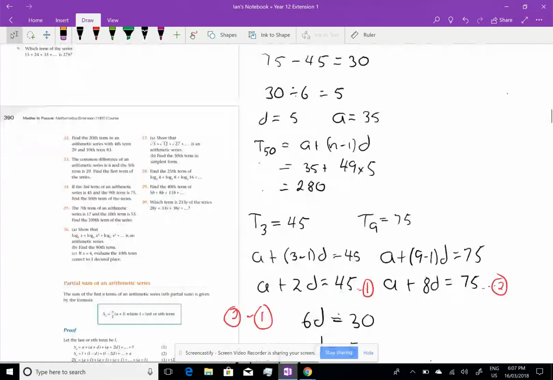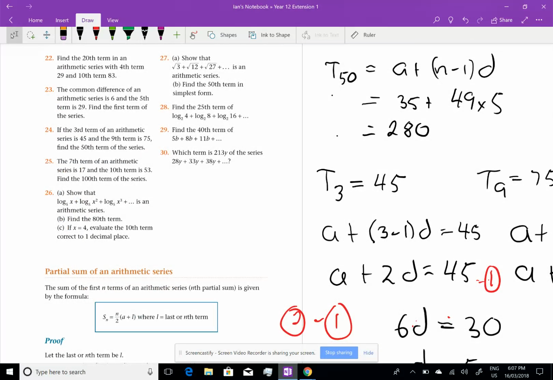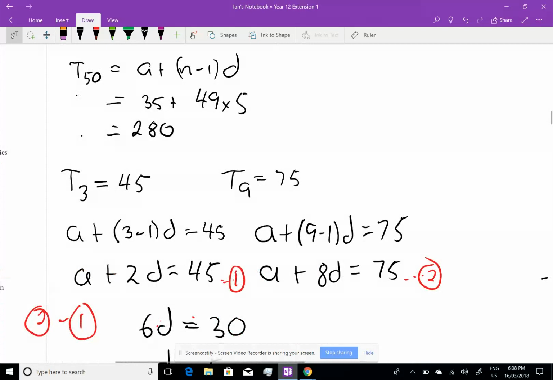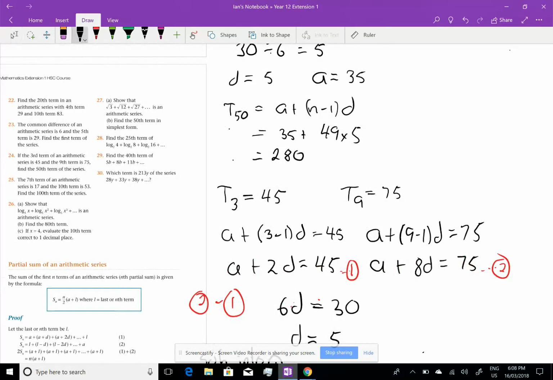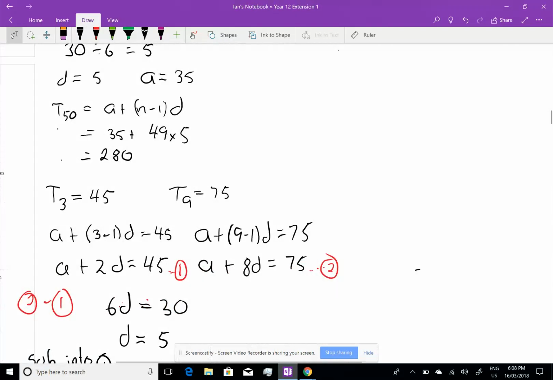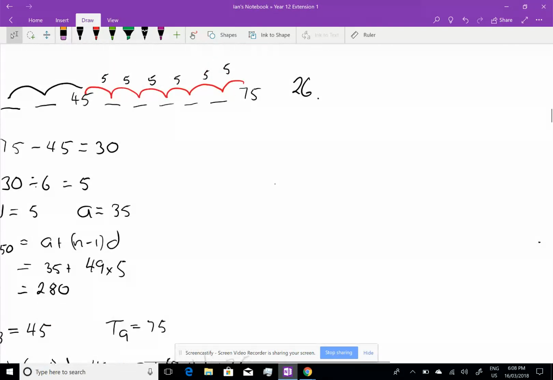Now if I look at question 26, it's a show question. Margaret does this a little bit differently to the way that I would do it, so I'll show you what I would do. What have we got to show? The sum of log 5x, log 5x squared, log 5x cubed is an arithmetic series.